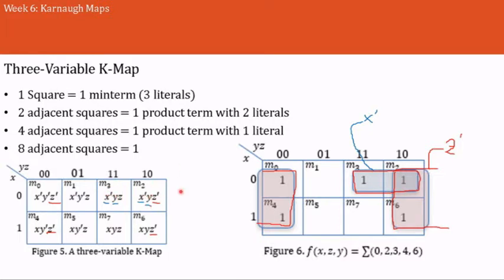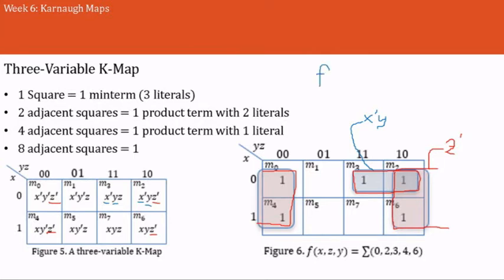And now let's look at the value of y. What is the value of y for M3? This is y, the same, right? And M2 is also y. So both of them have the same value of y. So we'll take note of that.